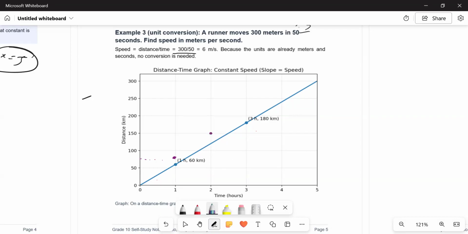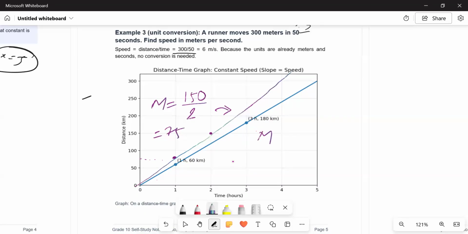So the graph is going to look something like this. Now, what is going to be the slope of this line, or the velocity? Let us consider it as a slope. Slope is denoted as m. So it is going to be 150, the last distance traveled, over time 2. So it is going to be 75.